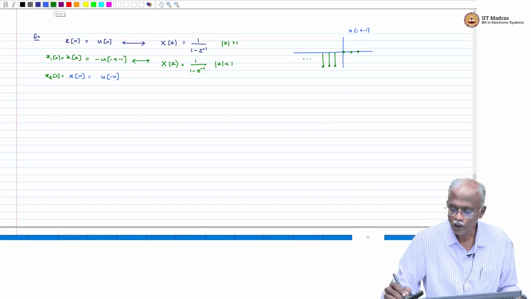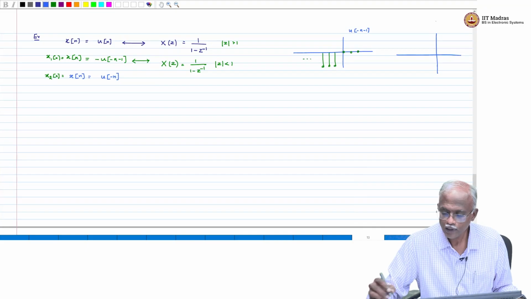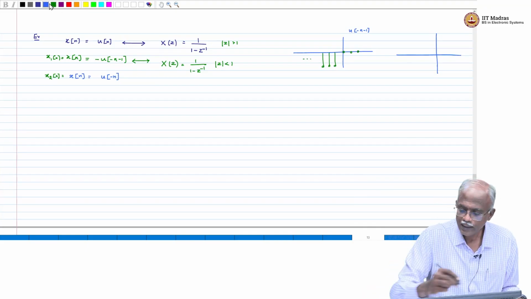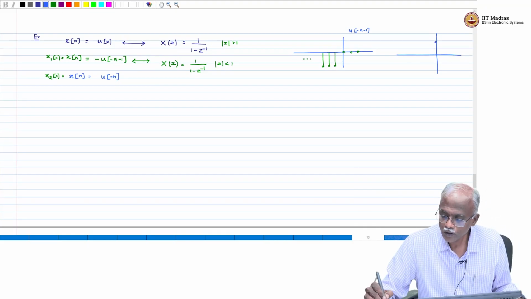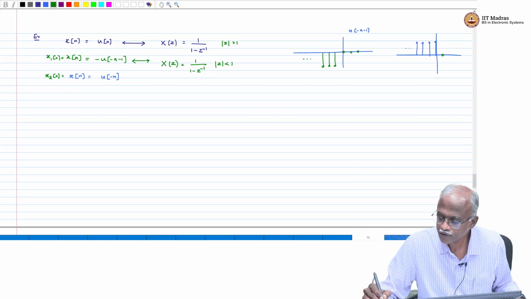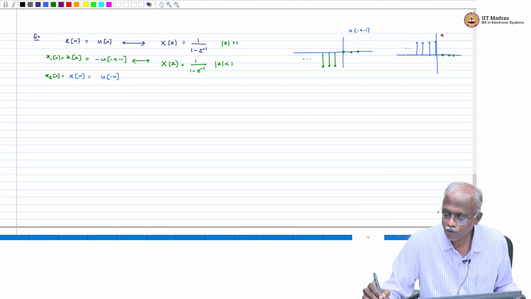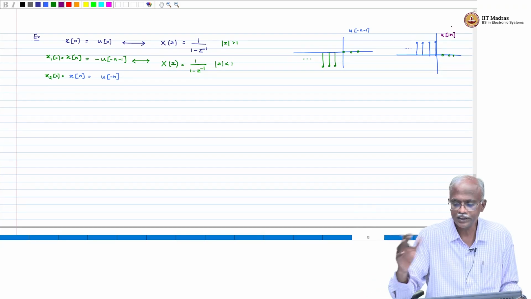Okay. Now, u of minus n. u of minus n has got non-zero values starting from n equal to 0. These are 0 values. So, this is u of minus n, the time reversed version of that.